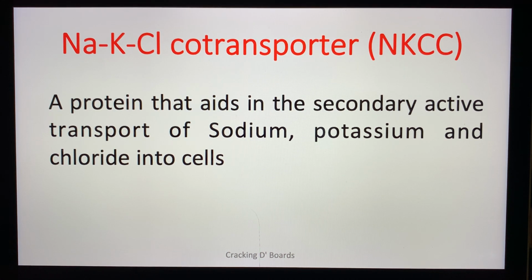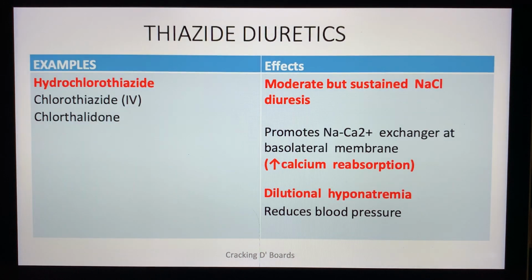This is a protein that aids in the secondary active transport of number 1, sodium, number 2, your potassium, number 3, chloride. So a protein that aids in the secondary active transport of sodium, potassium, and chloride into the cells.